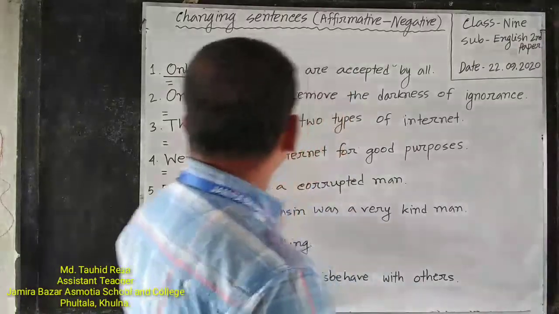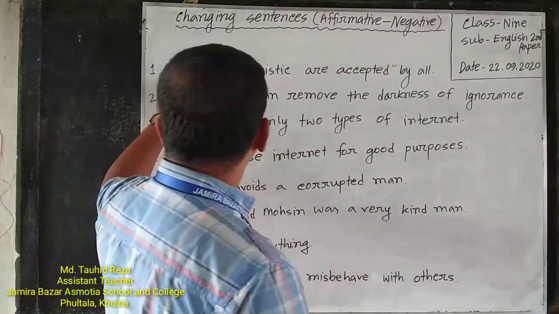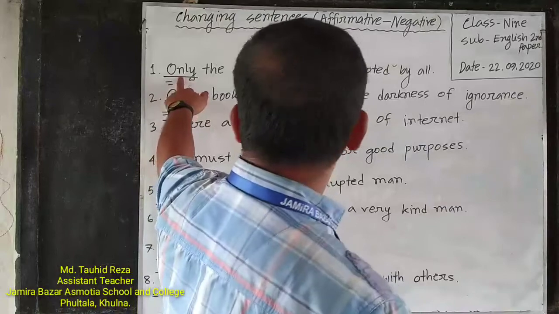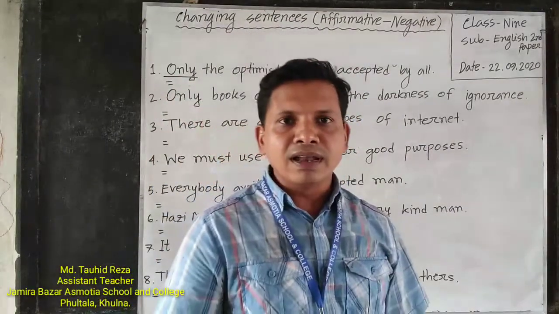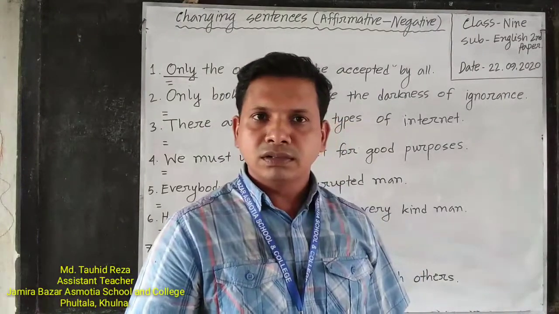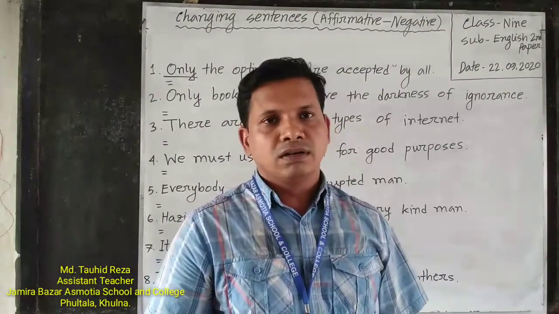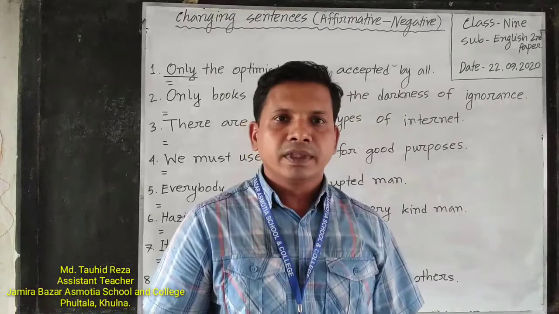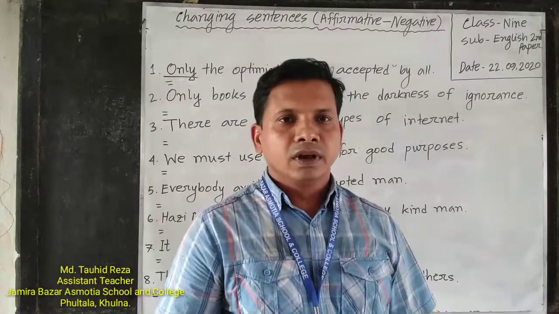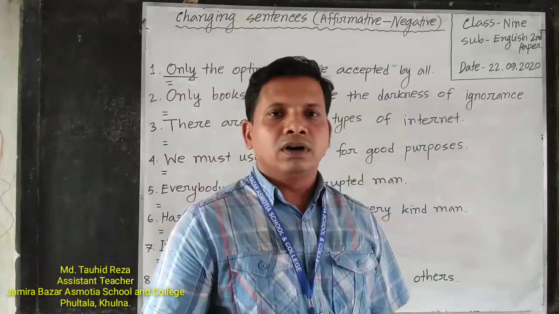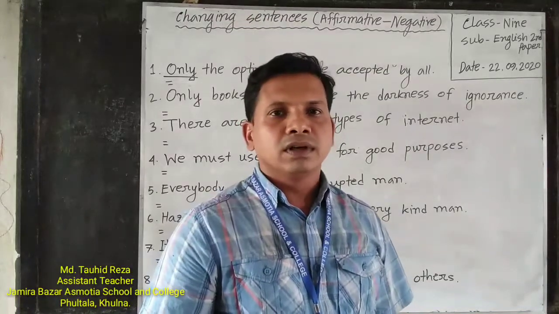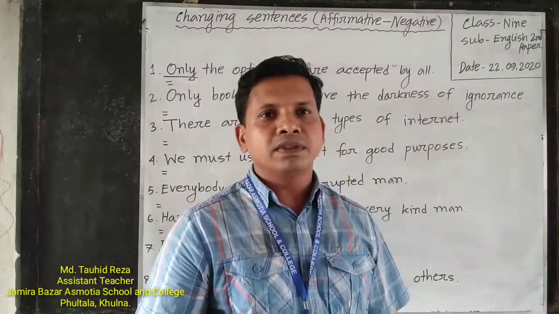Here the affirmative sentence contains a word, that is only, and we know if the word only indicates any person, persons or God, then we will use none but instead of the word only.